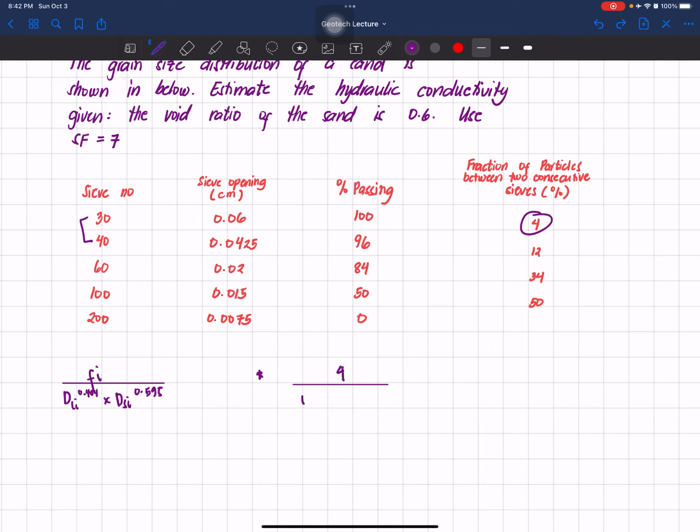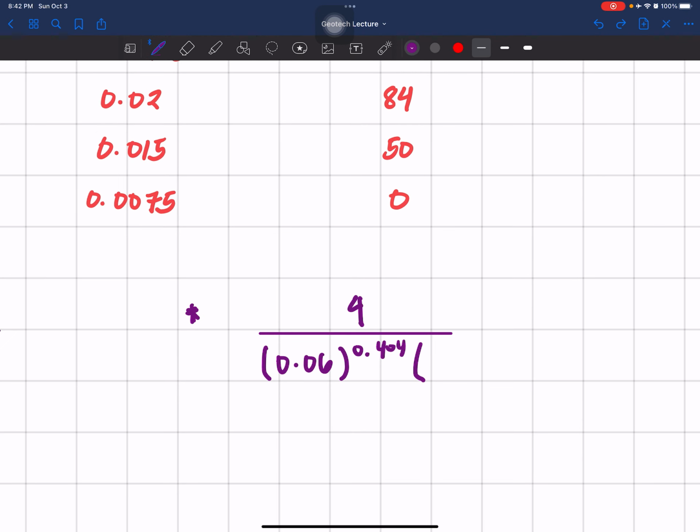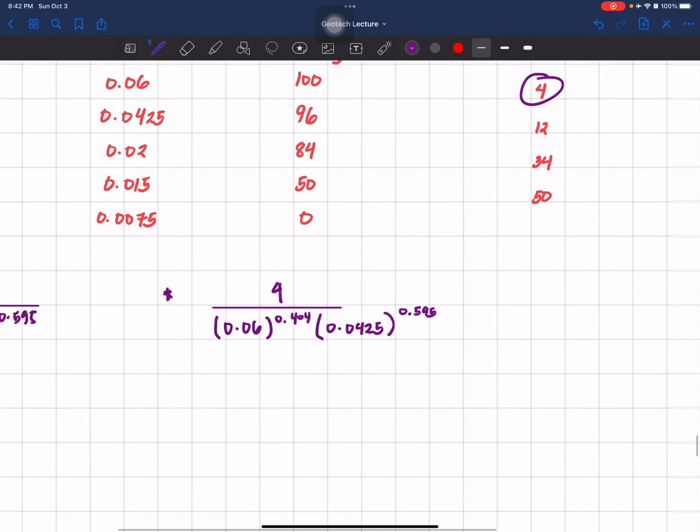So, that's 0.06 raised to 0.404 multiplied by, next naman, yung DSI natin is yung kasunod, diameter ng kasunod niyang sieve. So, that is 0.0425. Raised to 0.595. Ayan. So, that is our first term.